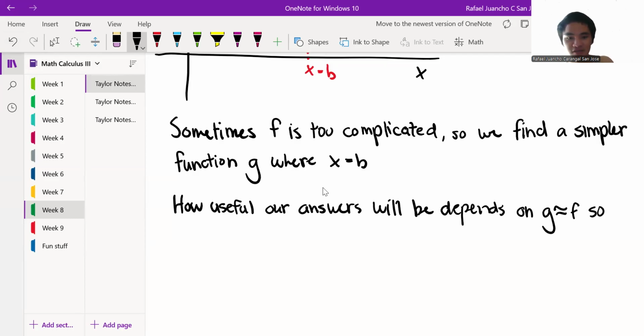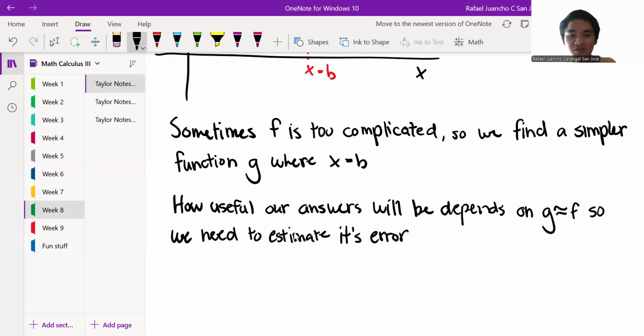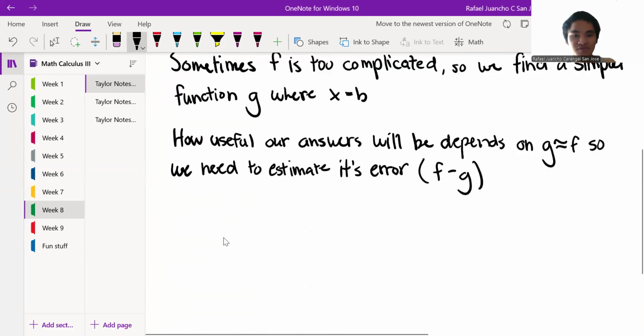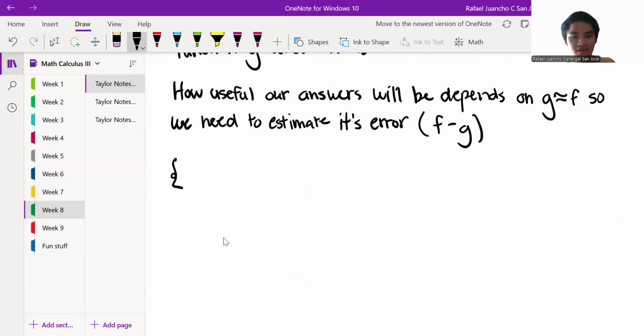From there, we need to estimate its error, or an error approximation is how we would like to call it, and that's going to be f minus g. So let's actually go into our first chapter here. And I think it wrote it that way, which is funny. Okay, we're going to do a tangent line error bound.